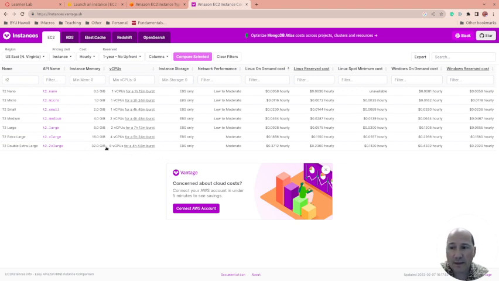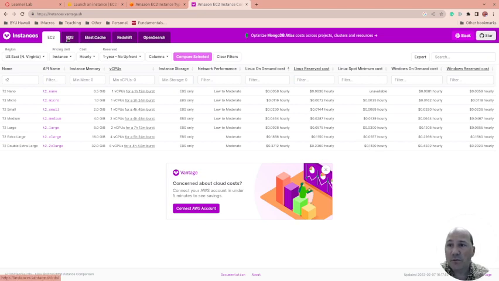Let's look at here's 32 gigs of memory, 8 CPUs. So if you look at the cost difference, it's 37 cents an hour if it's on demand. If it's reserved, it's 23 cents an hour. So that's the price difference. And then, of course, the spot instance, 11 cents an hour. So you can see that there's a lot of different options here.